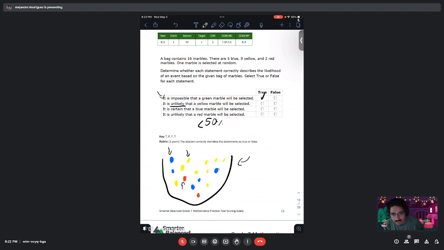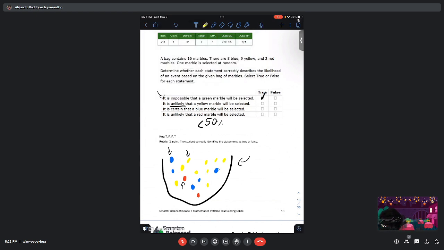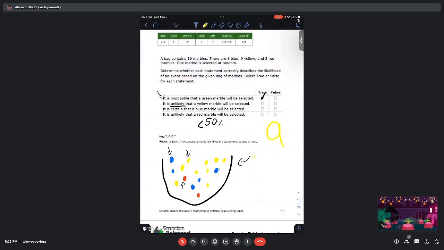So in this case, how many yellow marbles do we have? We have 1, 2, 3, 4, 5, 6, 7, 8, 9. So we have 9 yellow marbles. And how many marbles do we have in total? We have a total of 16 marbles. So we have 9 over 16.